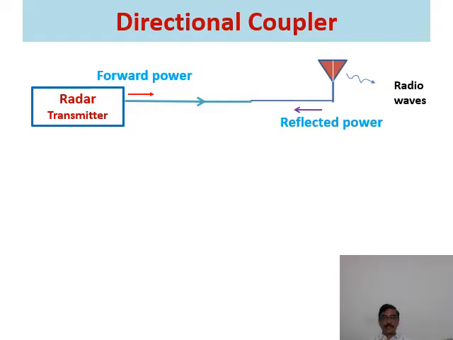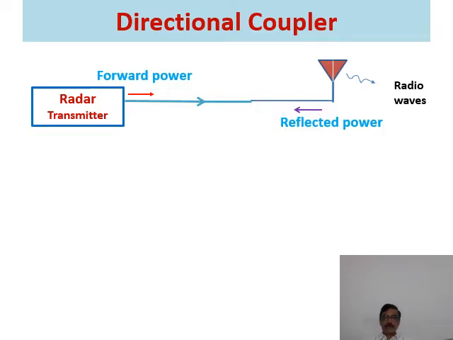If the characteristic impedance of the output cable matches the input impedance of the antenna, then there won't be any reflected power from the antenna side to the source side. If there is a mismatch between the antenna cable impedance and the antenna input impedance, then there will be some reflected power flowing towards the radar transmitter side.